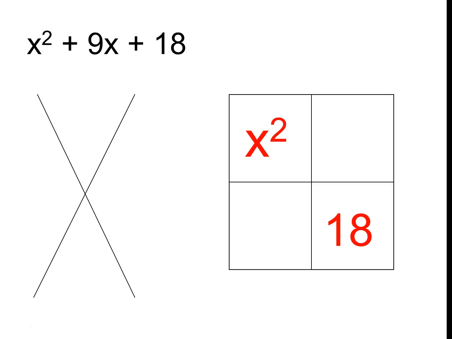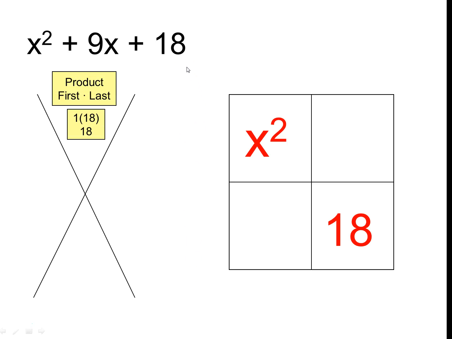So let's think about this. We had two numbers, one right here and one right here, that multiplied to 18. And we had two numbers, one right here and one right here, that we added. So here's what we're going to do. We're going to go backwards from that idea.